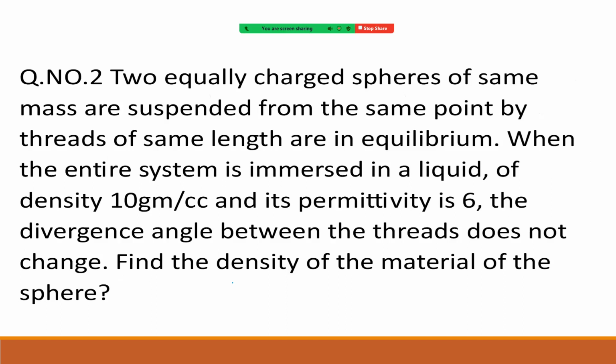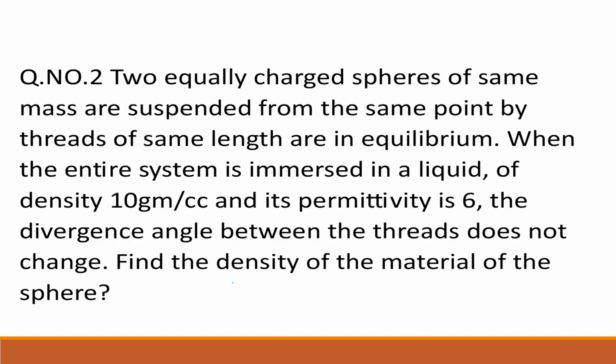Two equally charged spheres of same mass are suspended from the same point by threads of same length and are in equilibrium. When the entire system is immersed in a liquid of density 10 gram per cc and its permittivity is 6.